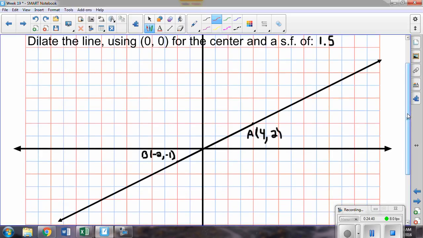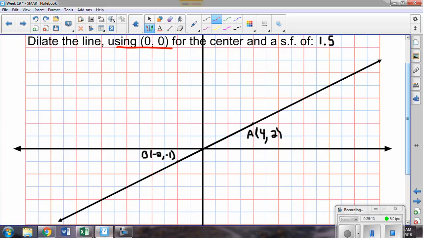Dilate the line using the center of 0, 0. Please note, since it's 0, 0, what are we allowed to do? Because it's centered at the origin, the just-multiply-by-the-numbers shortcut works. Because it's at the origin, we don't have to count the gaps; the numbers in the point are already recording the gaps for us.